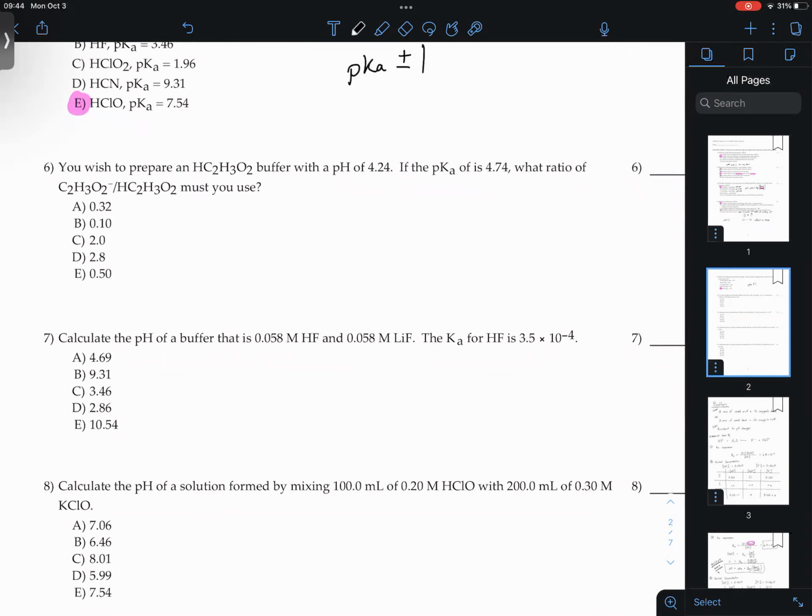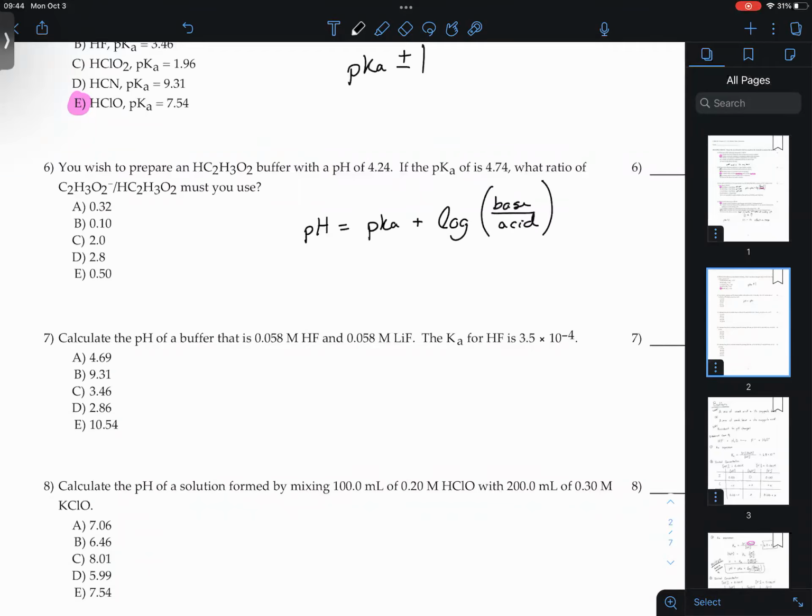All right, so now we wish to prepare a buffer with a pH of 4.24. If the pKa is 4.74, what's the ratio of base to acid that we want to use? So let's look at our formula. pH equals pKa plus the log of base over acid.